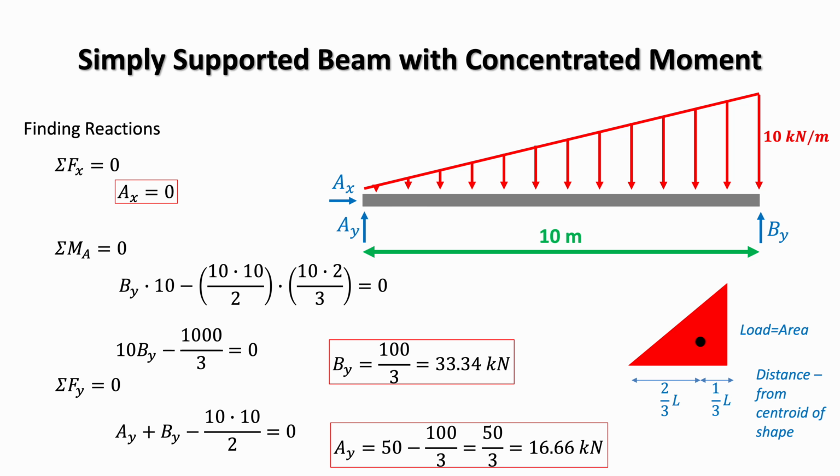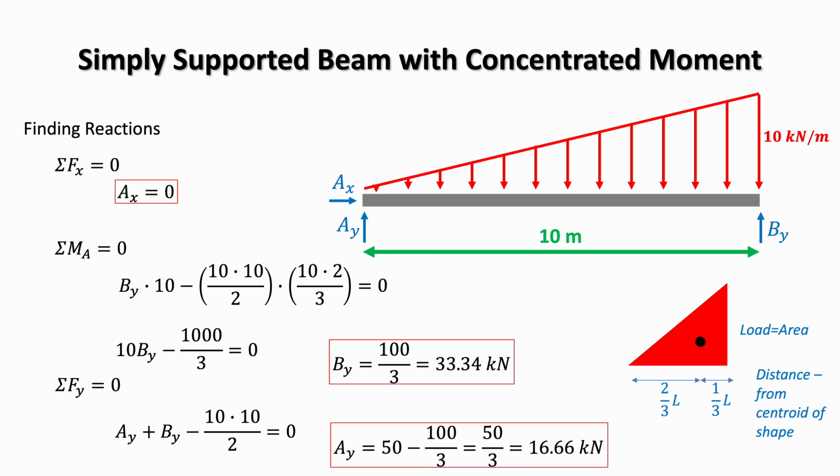The resultant of any distributed load always acts at the centroid of the shape of the load. In this case, the centroid of a triangle. For a load that increases linearly from 0, the centroid is located at a distance of 2/3 L from the left-hand end. Taking moments around A therefore gives us By times 10, minus, due to the sign convention, 50, which is the distributed load, times the lever arm of 20 divided by 3.